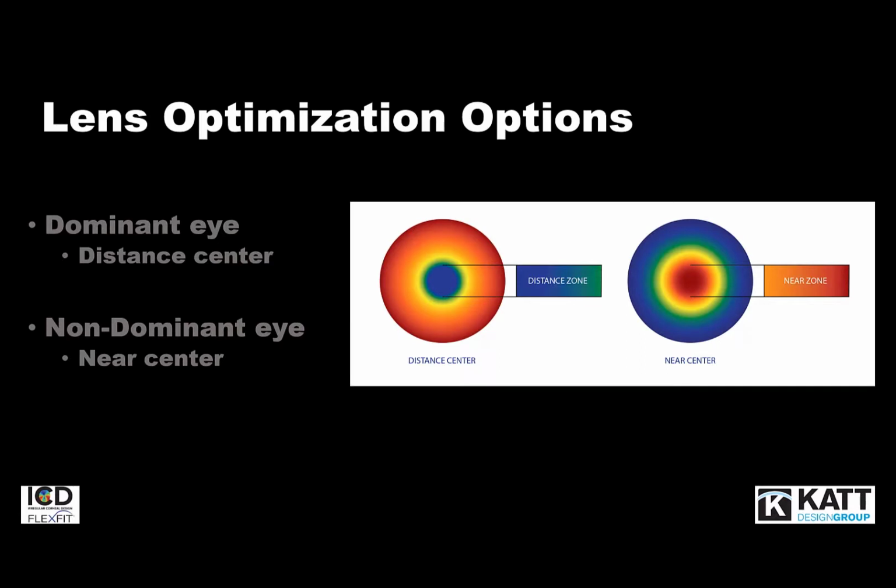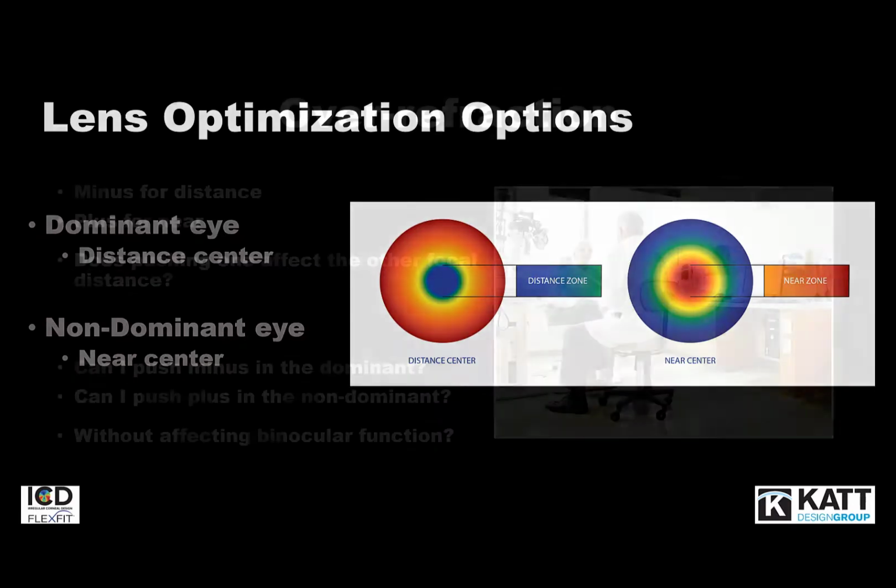For instance, a distance center lens could be used in the dominant eye with the near center lens for the non-dominant eye. However, the recommended starting point for the ICD FlexFit Multifocal is to use distance center lenses in both eyes. But again, you have the flexibility to alter how you approach each patient.